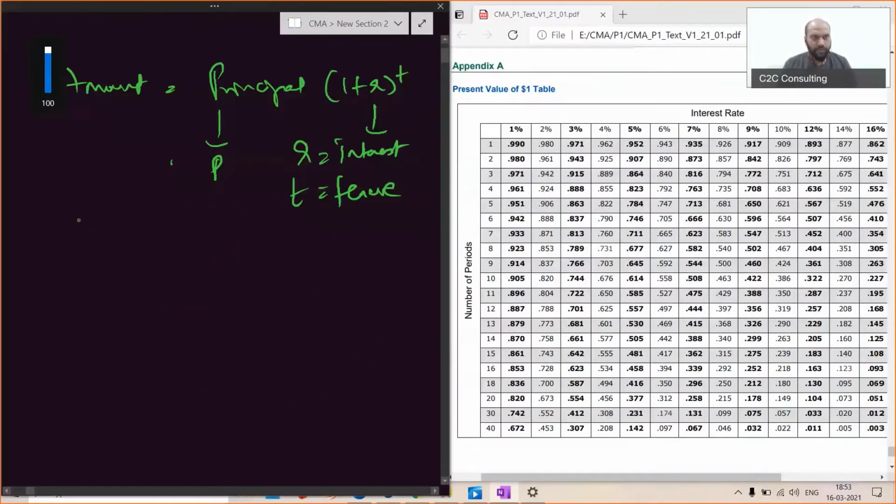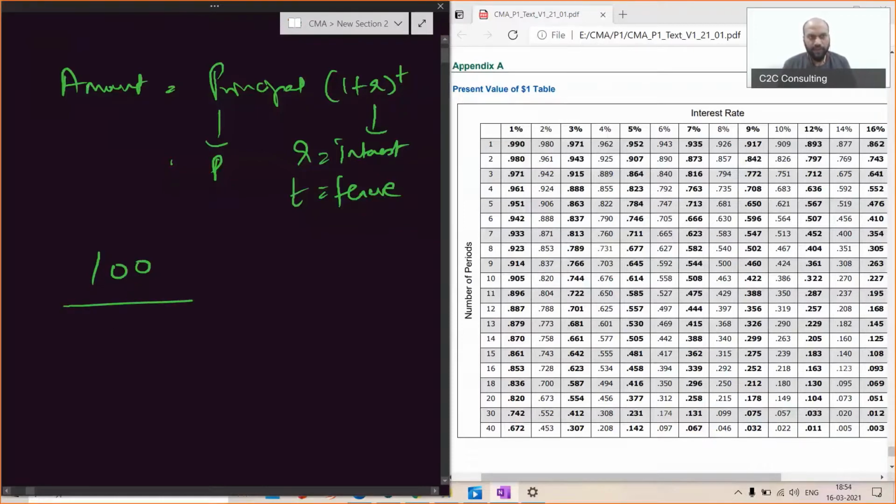For example, if I want to find out how much I should invest into, say, a bank fixed deposit, which will fetch me in future 100 rupees or $100, and the bank is going to pay me, say, 1%.